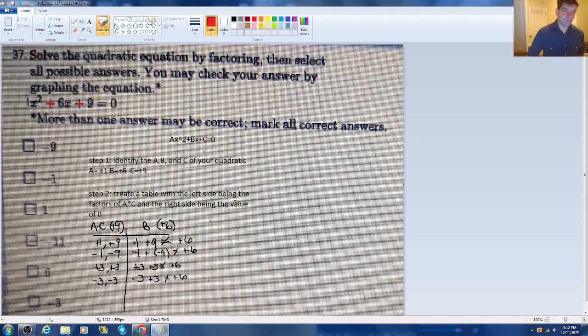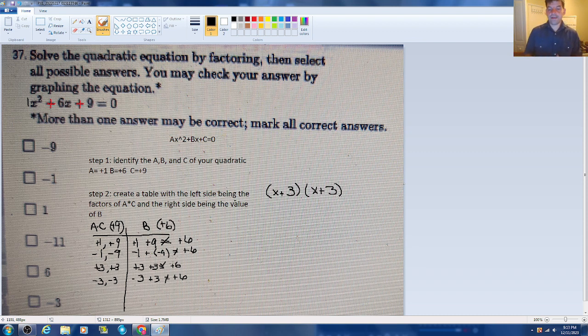Now in this case, going forward with the question, our factors are the same exact thing. So it's just going to be x plus 3 times x plus 3. But there's a couple things I want to address here. At this point in the question, a lot of students think that they're done because they have solved the factoring portion of this question.